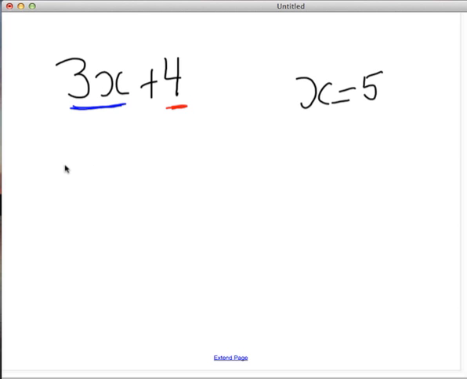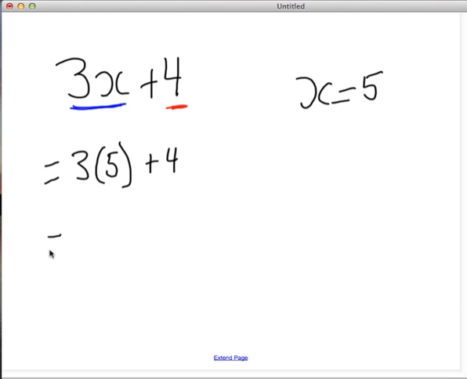So right now this is saying that I have 3 of those x's. Another way to think of that is saying 3 multiplied by 5, or 3 groups of 5. So I have 3 5s there, and I still have to add 4. You'll notice that I didn't change the order, I didn't change anything there. I've just taken the x and I've turned it into that 5 that I wanted it to be.